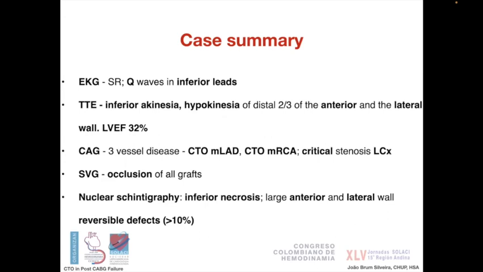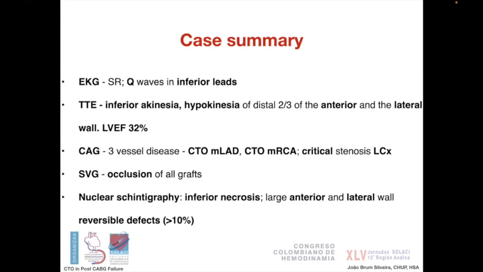We recatheterized this patient, who has three-vessel disease: CTO of the mid LAD, CTO of the mid RCA, and critical stenosis in the circumflex. As we expected, all of the saphenous vein grafts are occluded.